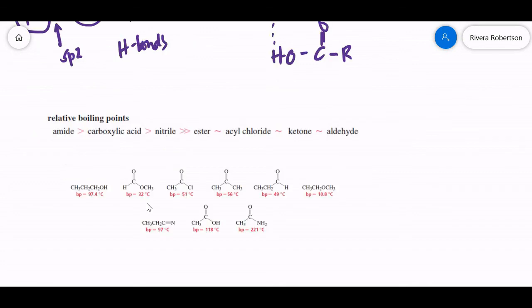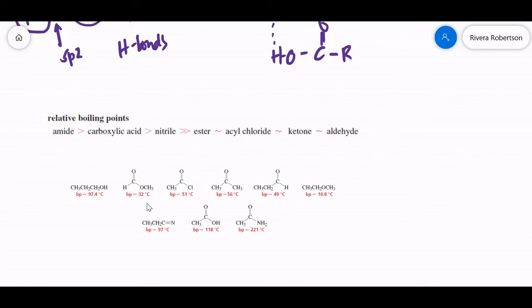And because of this H bonding, we expect that your carboxylic acids have relatively higher boiling points compared to their ester or their ketone or aldehyde counterparts, primarily because they are capable of donating and accepting H bonding.